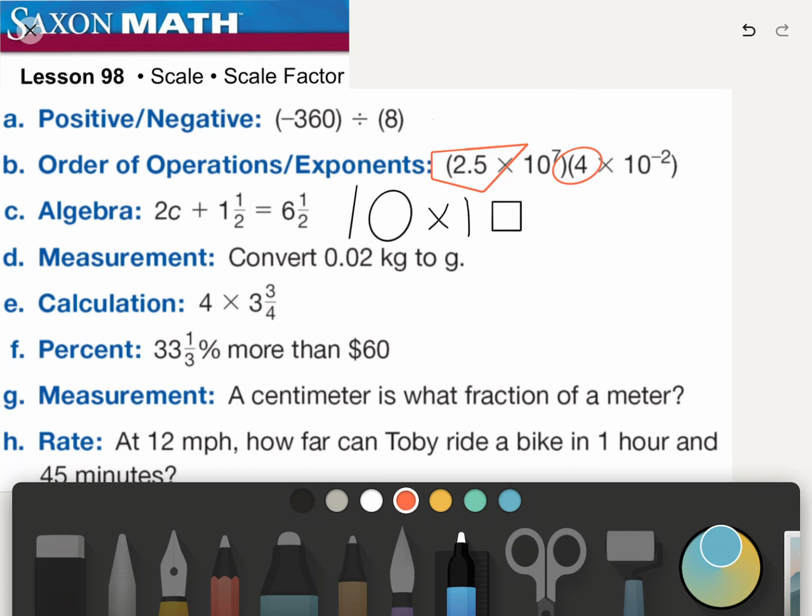And then looking at our exponents, we technically add them together because we're multiplying them, but since we've got a negative 2, we are actually subtracting them. So that would get us 10 times 10 to the 5th power. However, that's silly because that's just another 10. So we could say 1 times 10 to the 6th power to say the same thing.